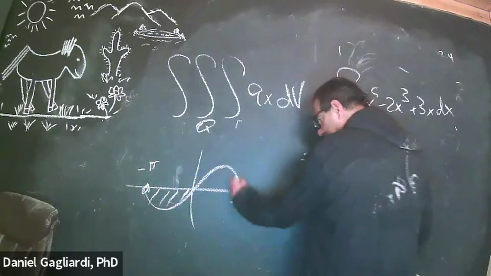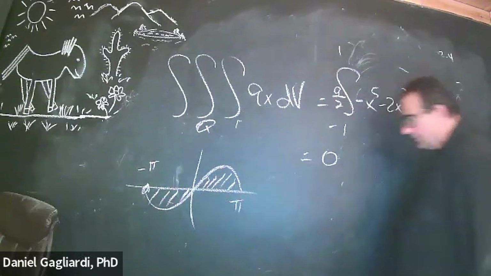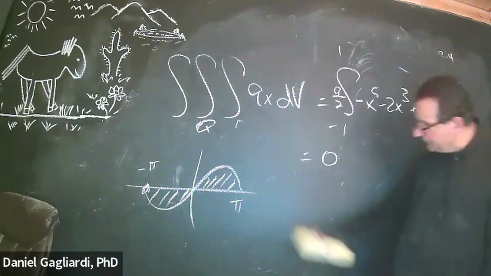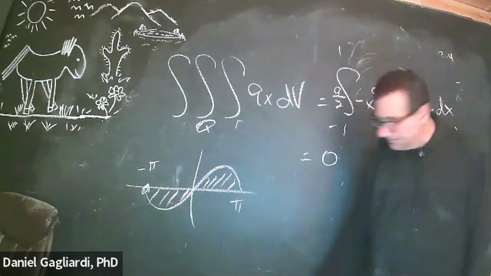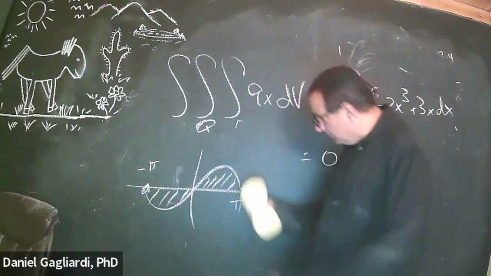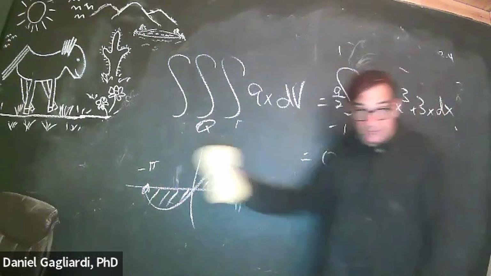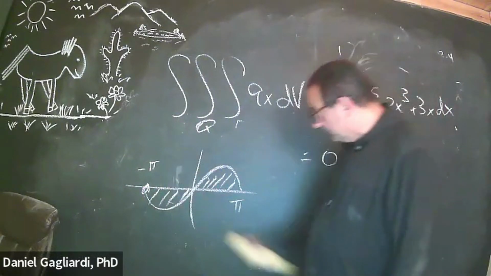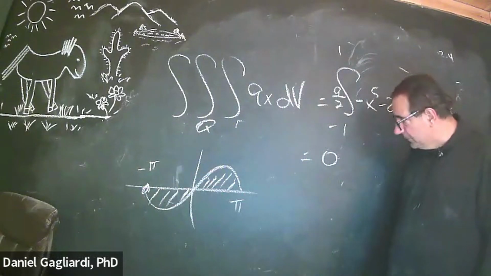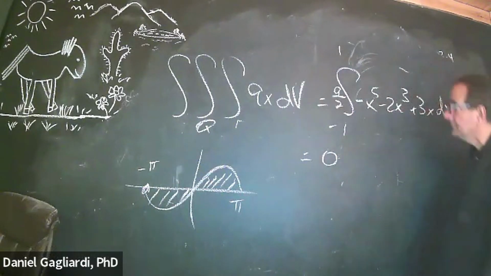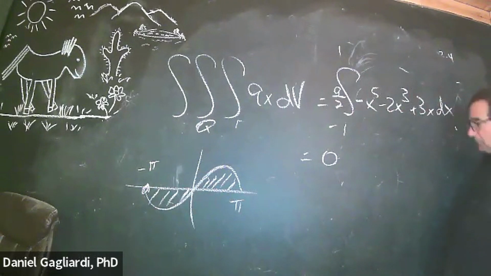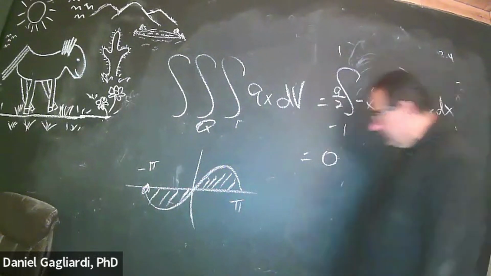The area on the left side cancels the area on the right side. And that's true of every odd function, because it's sort of rotated by 180 degrees. That's what we mean by symmetric about the origin. So the integral is 0, and this integral is 0 here. Fantastic. Well, it was a lot of work for 0, but it's 0.